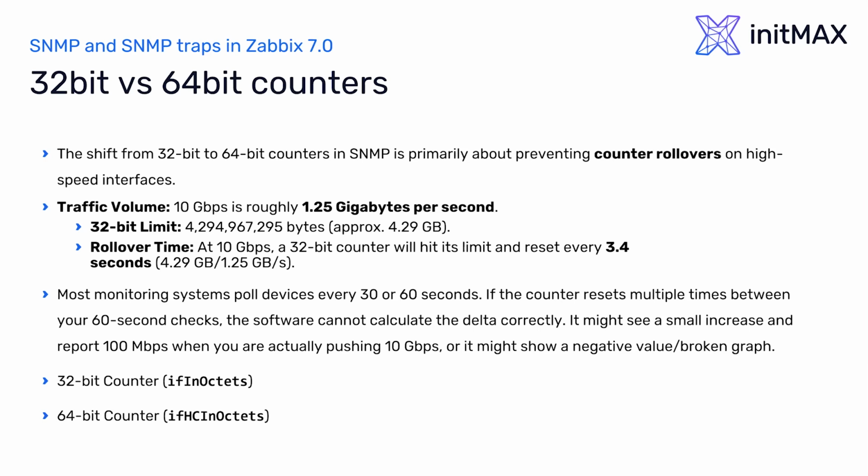Which means that if we would be monitoring this link with Zabbix with 32-bit counters, we would get some sort of graph, which let's say gives us incoming speed, outgoing speed, or something like that. And every 3.4 seconds, we would have some sort of drop down. That would be the time when the counter actually overflows. And to fix that, the solution is a 64-bit counter.